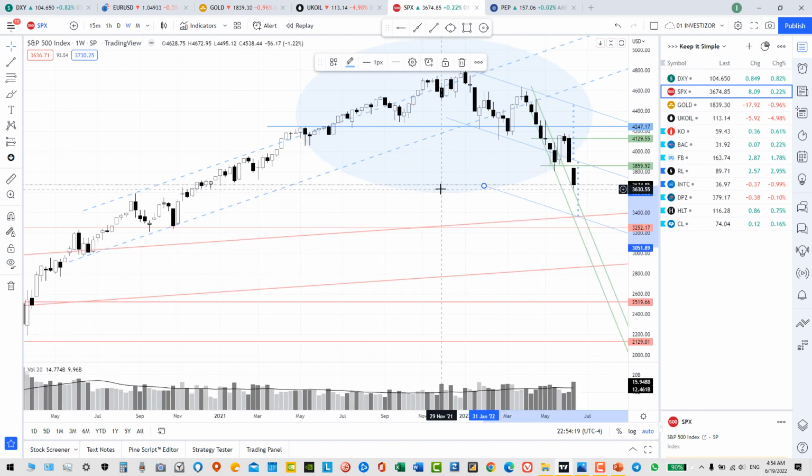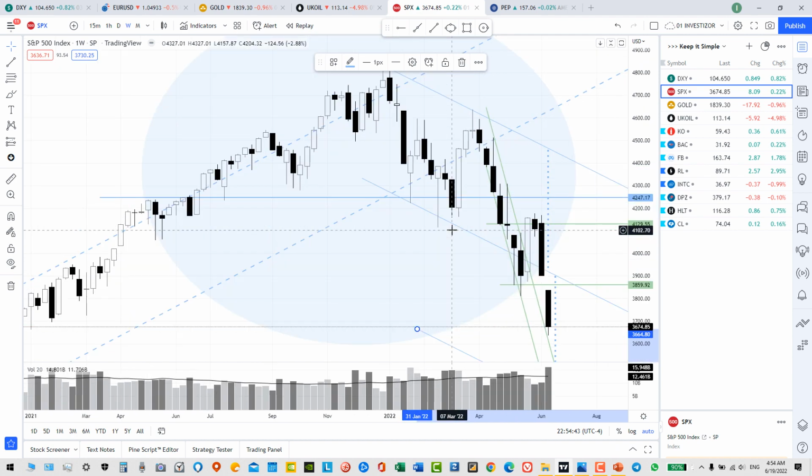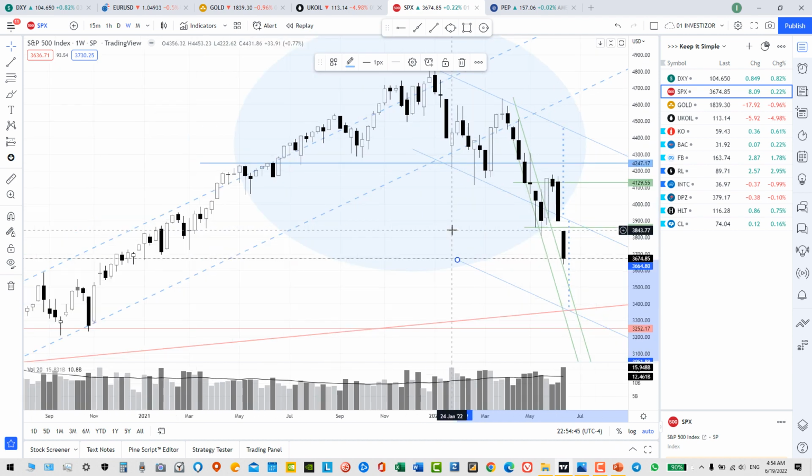I don't think it will be effective, but take into consideration that there is a relatively strong monthly support around those areas, coinciding with the second channel line running at the same zone, which may create an area of support at least temporarily before it resumes its downward correction.